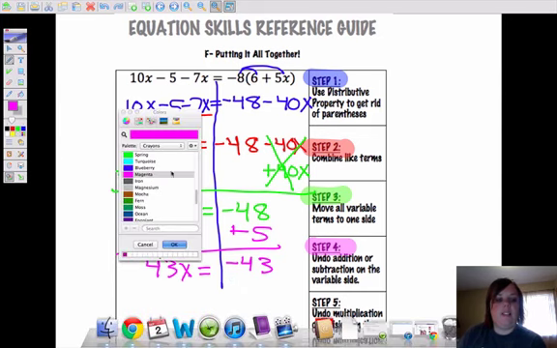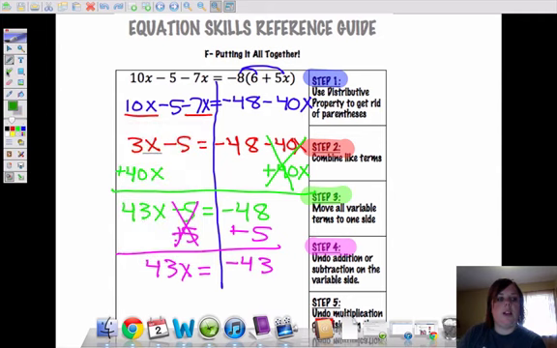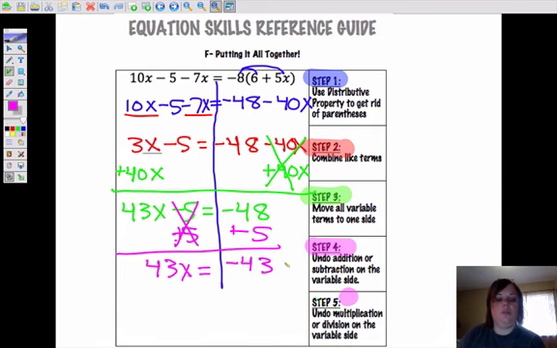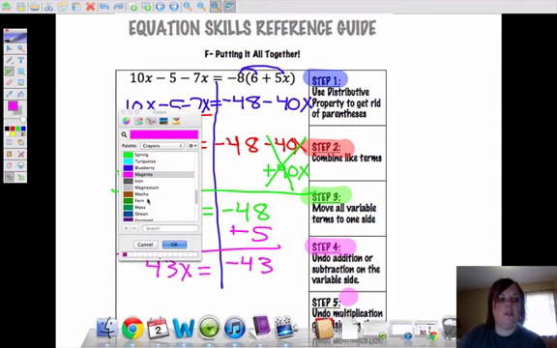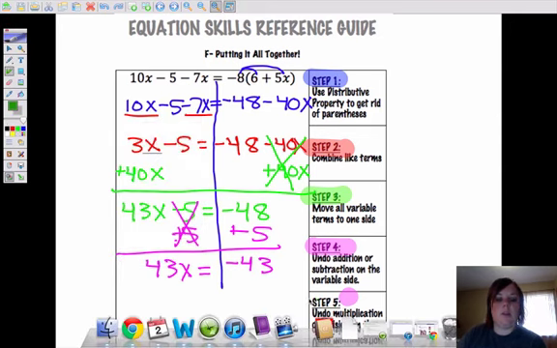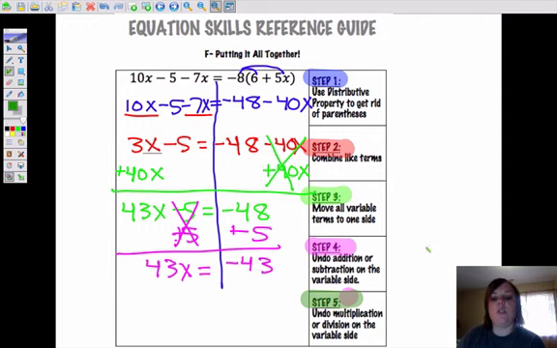And then finally, let's go with this screen. Step number 5 is to undo the multiplication or division on the variable side. To get x by itself, it's 43 times x, so I would need to divide by 43.